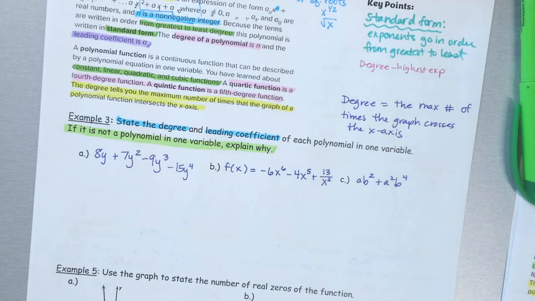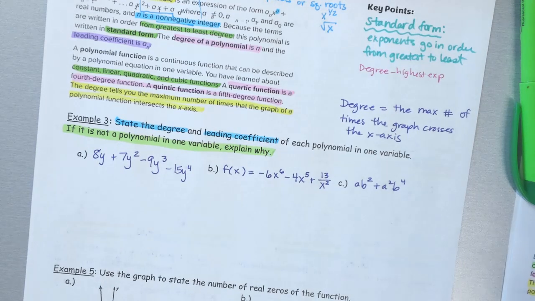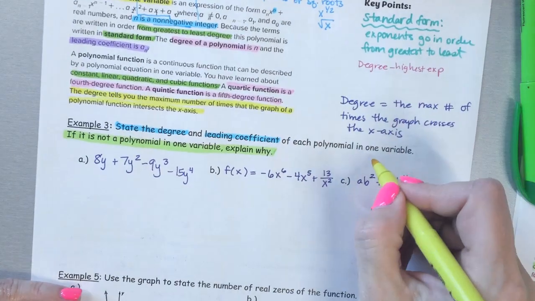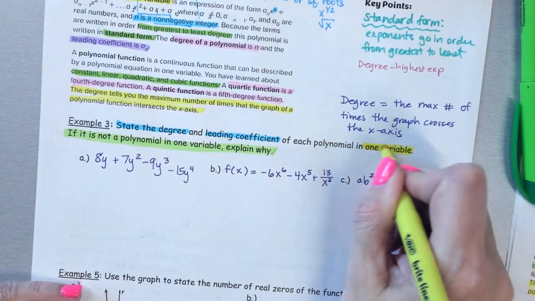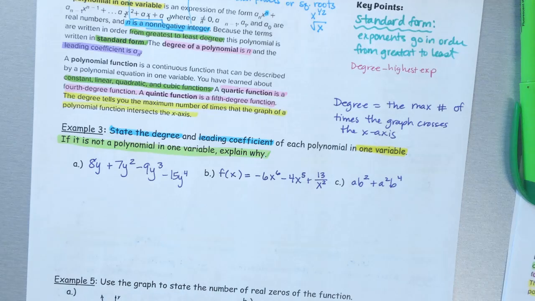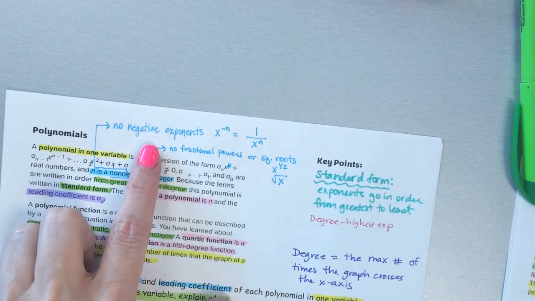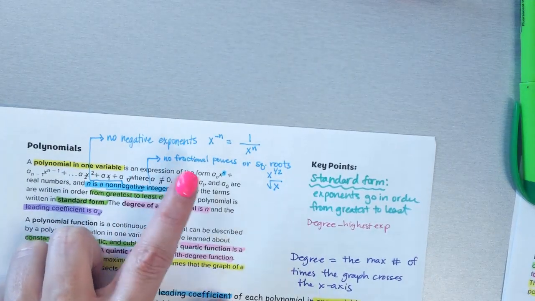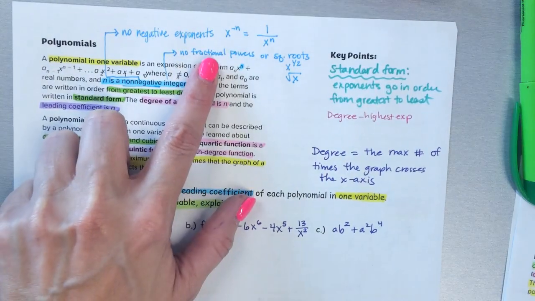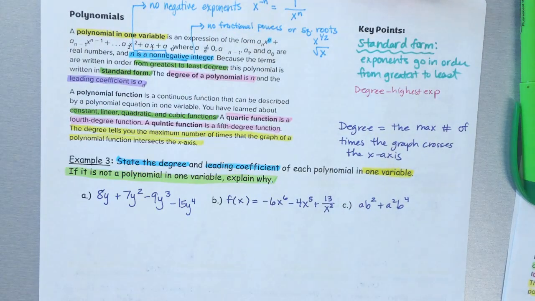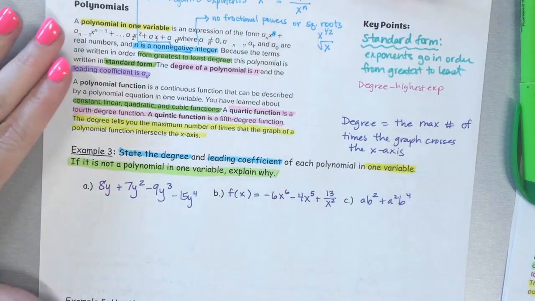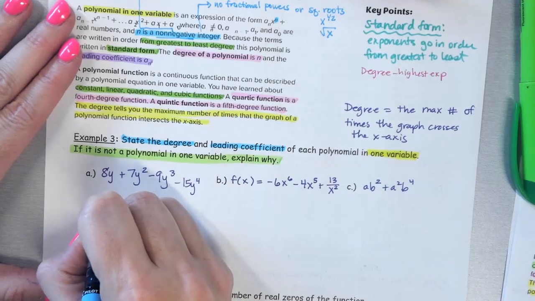Okay, so it does say that these are polynomials in one variable. So here we have the variable y. This is not in standard form, but it is going to be a polynomial. If it's not a polynomial, you'll usually see a negative exponent or a fractional power. We don't have this here, so the degree is the highest exponent.